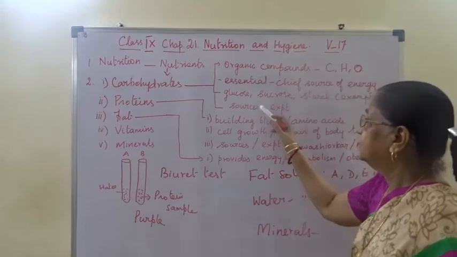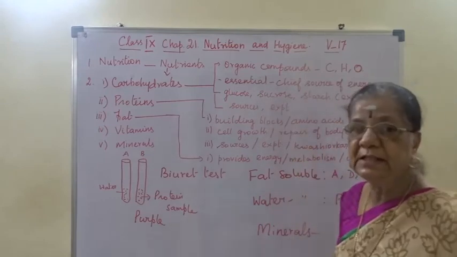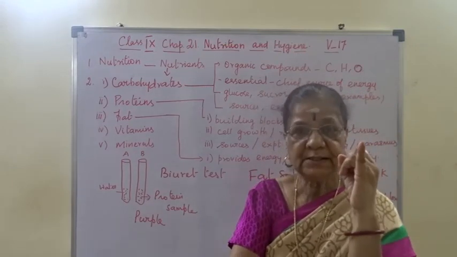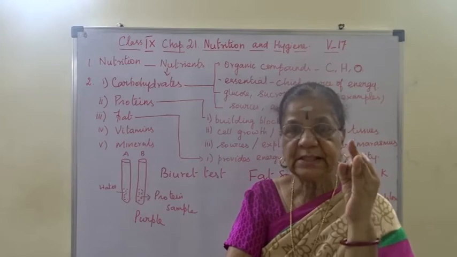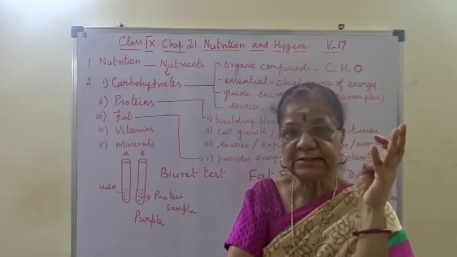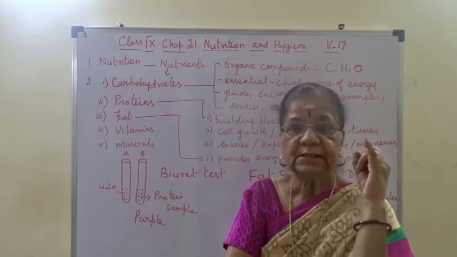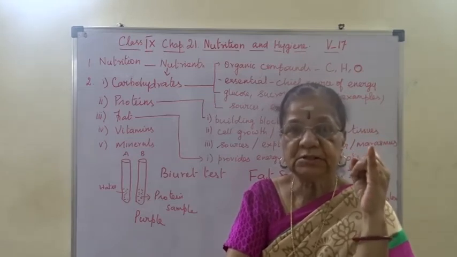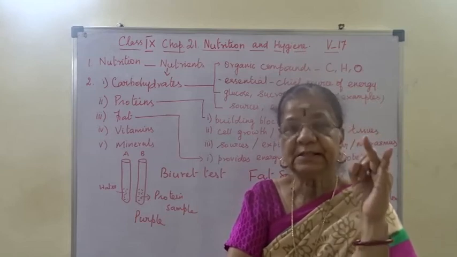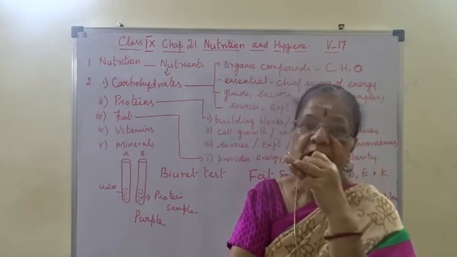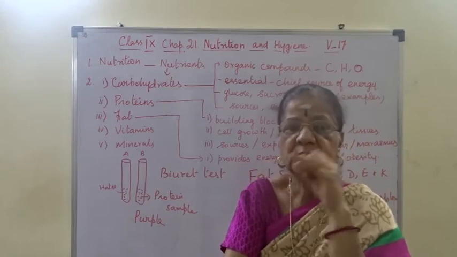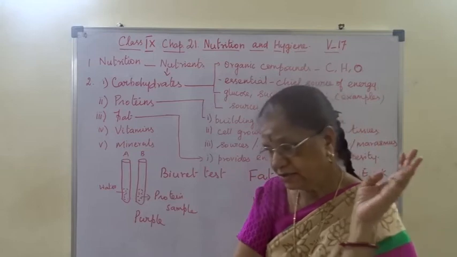Then the carbohydrates are of three categories: monosaccharides, disaccharides and polysaccharides. Monosaccharide, example glucose. Disaccharide, example sucrose or sugar. Polysaccharide, example starch or cellulose. So what should we say about carbohydrates?